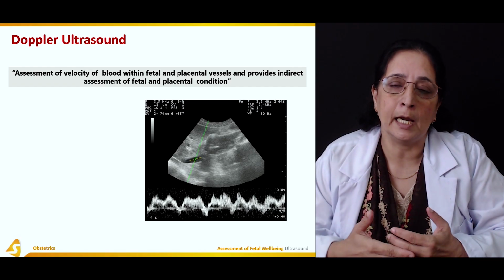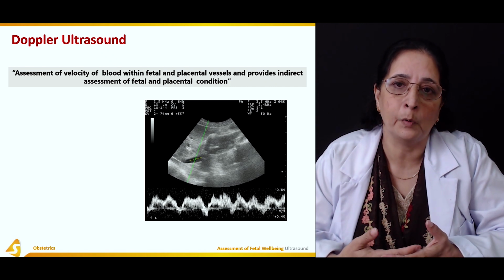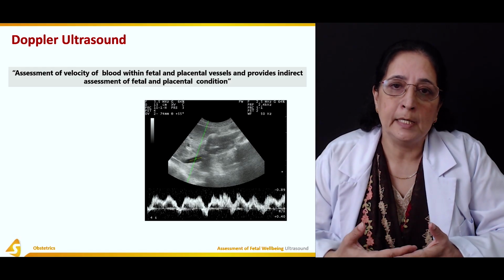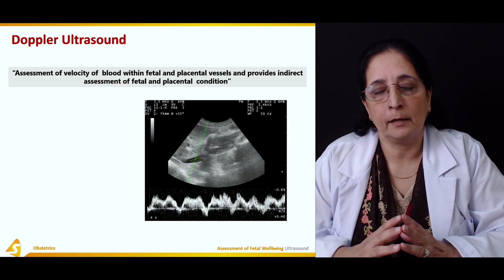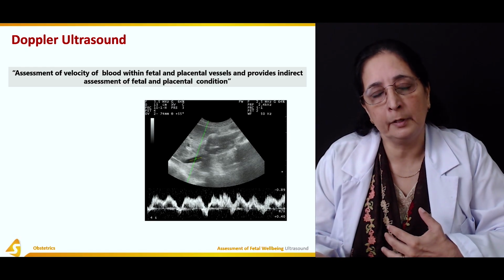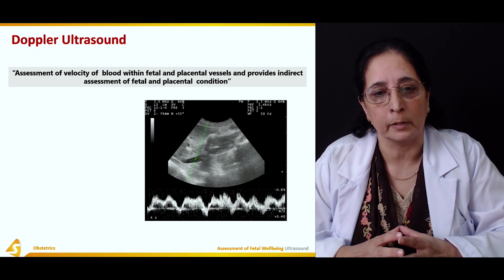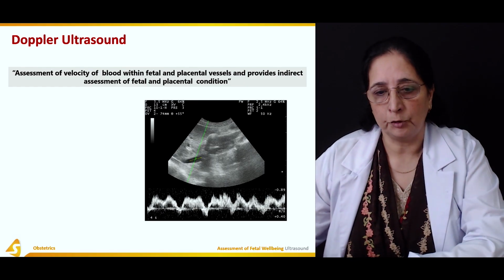And this gives the idea that if the blood flow is good, with no hypoxia, no asphyxia, it means the baby's condition is good, because the blood flow is adequate. So that's why we perform the Doppler ultrasound.